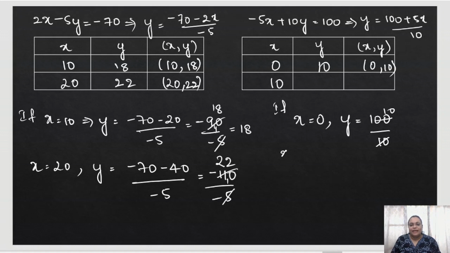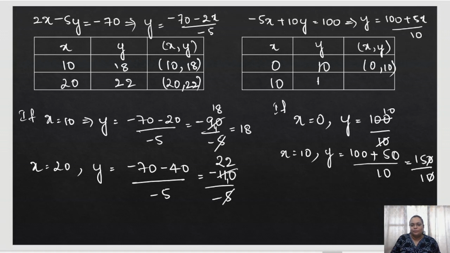If x is 10, then y will be 100 plus 5 into x, 5 into 10 is 50, so 150 by 10, which is 15. So the points are 10 and 15.